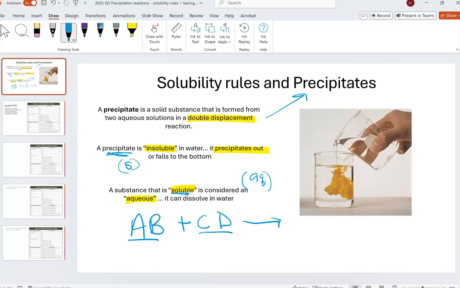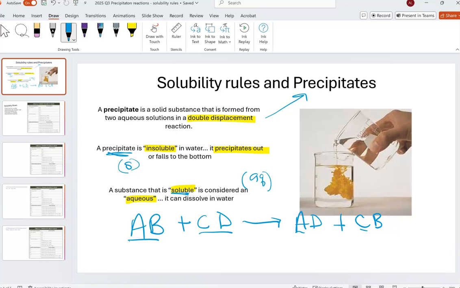In a double replacement reaction, or double displacement, our two cations are going to switch places. So I would form AD plus CB. Our cations swap places. So in a double displacement reaction, you have two ionic compounds that form two ionic compounds.